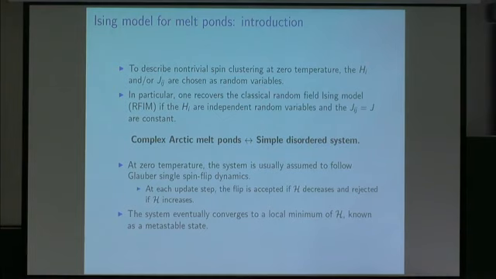So then the key idea is that we are identifying complex Arctic melt ponds as a simple disordered system. As was mentioned earlier, the complexity of this model is on the same order of magnitude as his model, because this model also has a very minimal set of parameters.